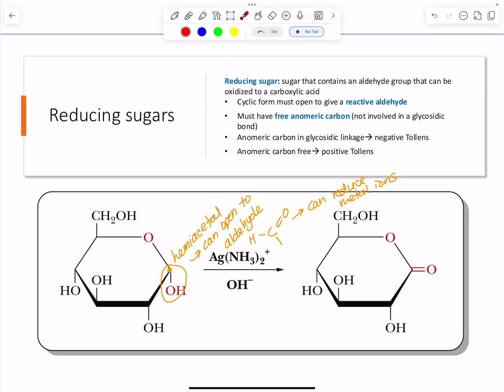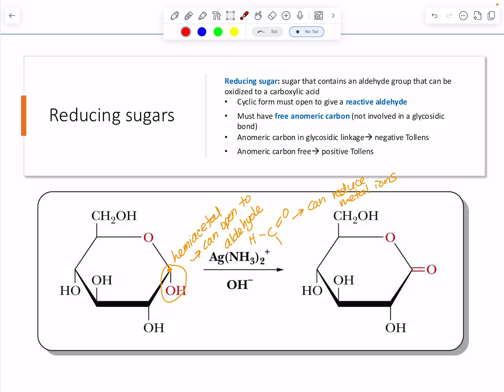When we talk about linking sugars together via glycosidic bonds, we're going to be locking things into their ring-closed state. But if a ring can open, then it can undergo this redox reaction with a metal, and we call that a reducing sugar. There are tests to see if you have reducing sugars or not.